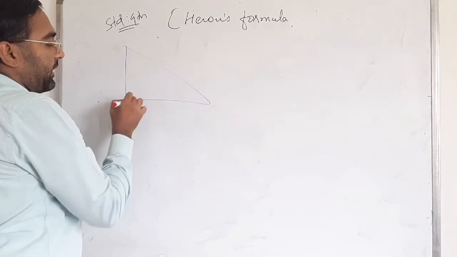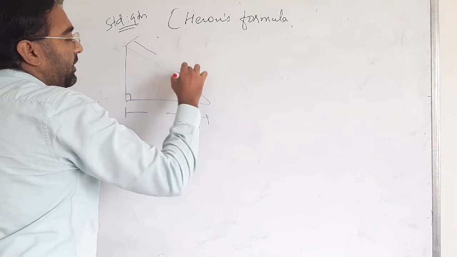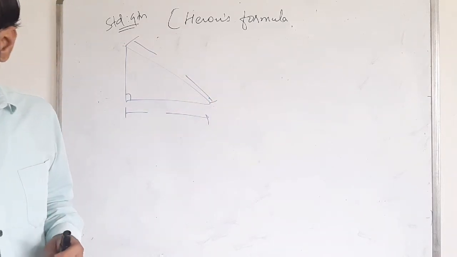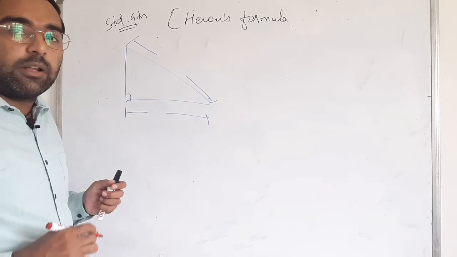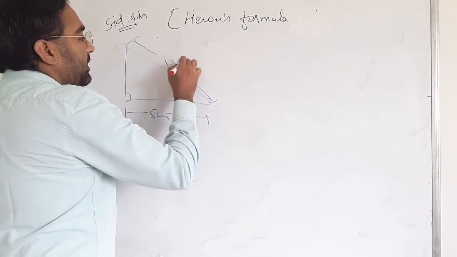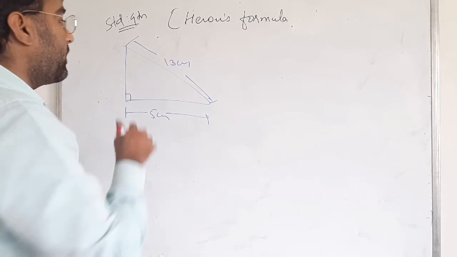Here is a right angle triangle. Base and hypotenuse of the right angle triangle are given, that is 5 centimeter and 13 centimeter. Find the area of the triangle.